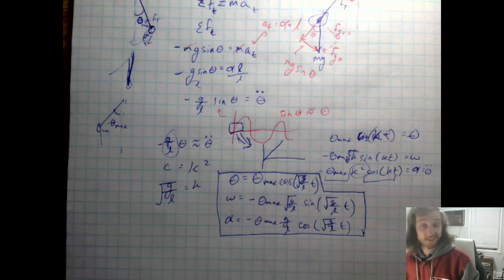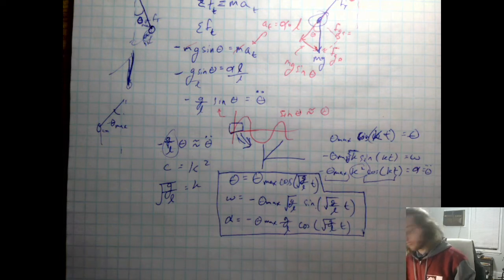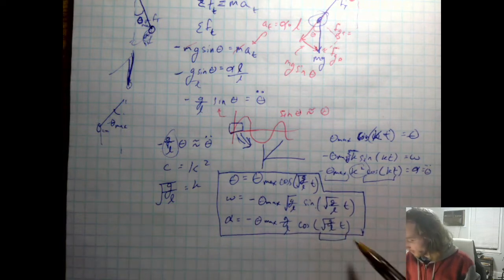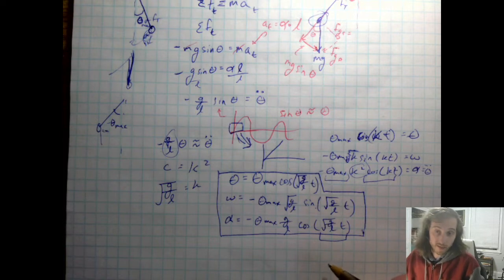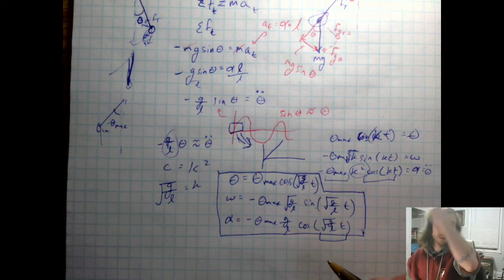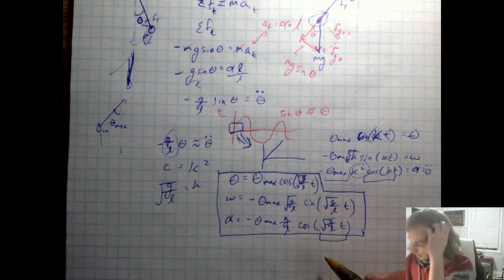Great, that's our setup. From there, we're also going to need to get our period, just like we did for the last one. When the stuff inside here is equal to 2 pi, the time will be the amount of time it takes to complete a full cycle, because sine and cosine complete a full cycle every time that the inside equals 2 pi.